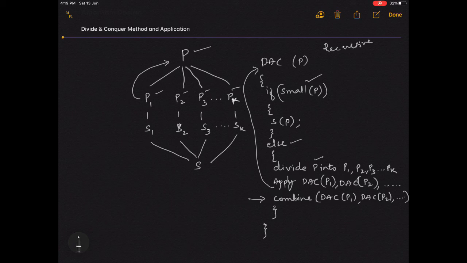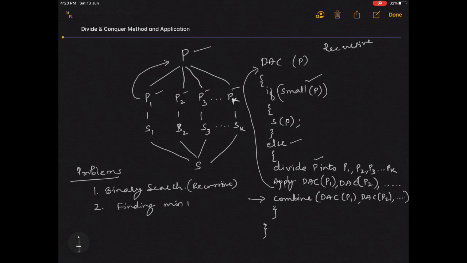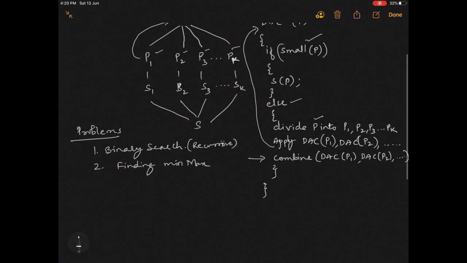So we have different problems, or you can say applications, like recursive, we have seen a topic on it. Then finding min and max, and we have merge sort.